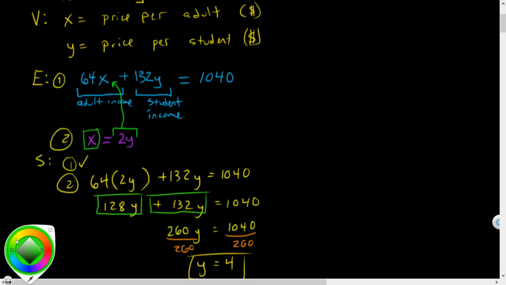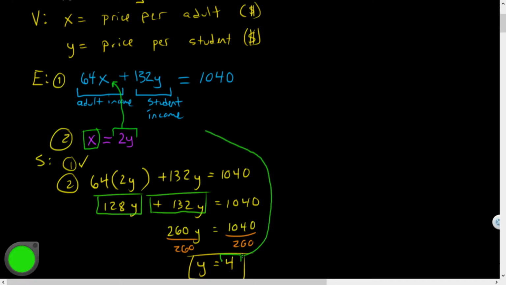Now, that's only half the answer, though. I want to know the price of each. So, to find X, what could I do? Well, if Y equals 4, I can plug this in to either of the original equations for Y. I could plug it in here or here, but I'm going to plug it in here. Why do I like this equation better?